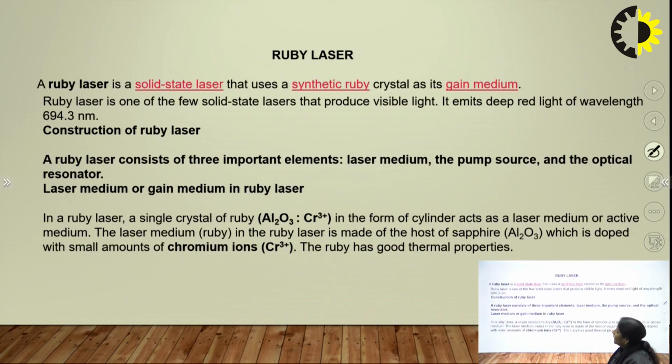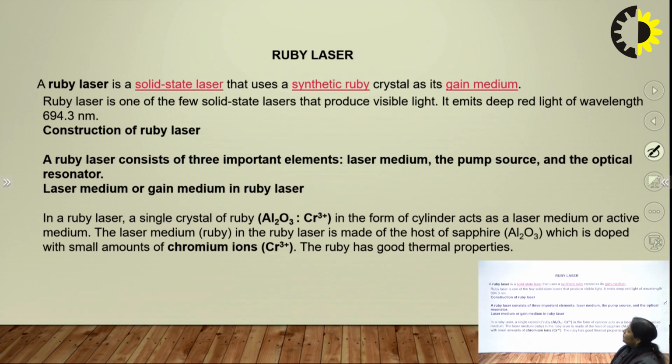All right. So again we come to the specific types of laser which we are discussing in this first year syllabus. That is the ruby laser. This is the first type of laser, so we must know what type of laser it is. It is a solid state laser, because the medium which we are using is in solid form.